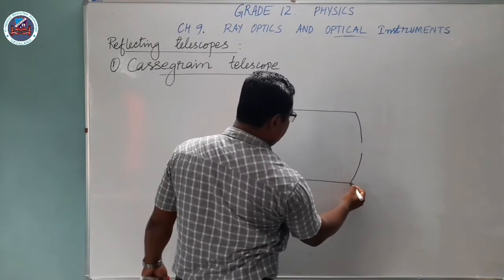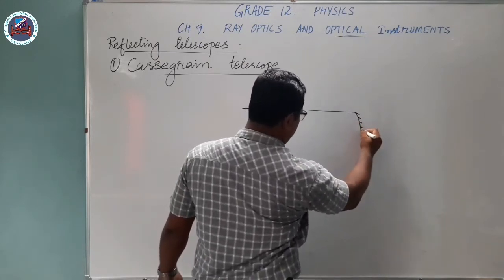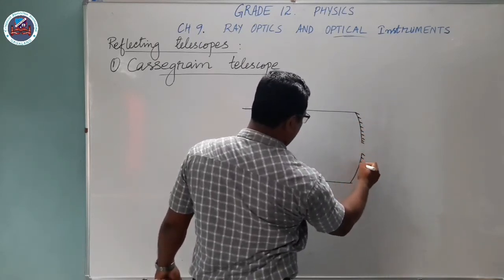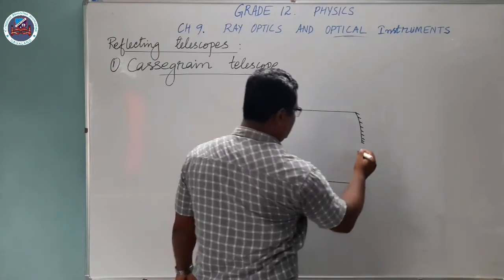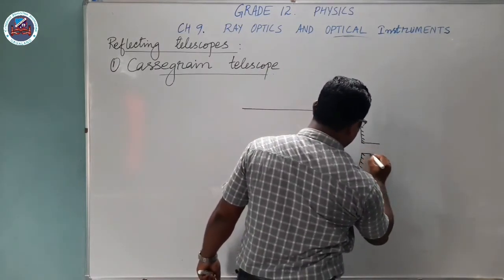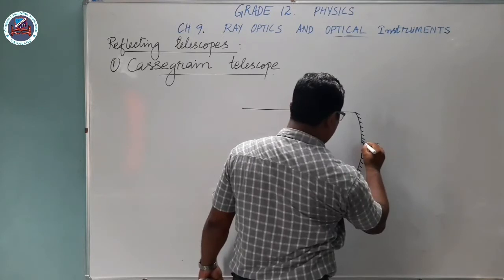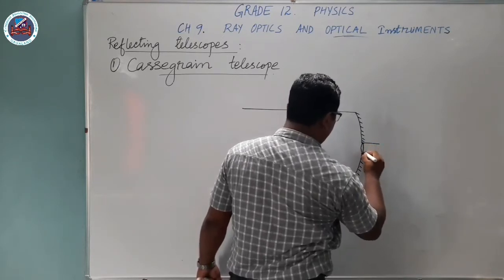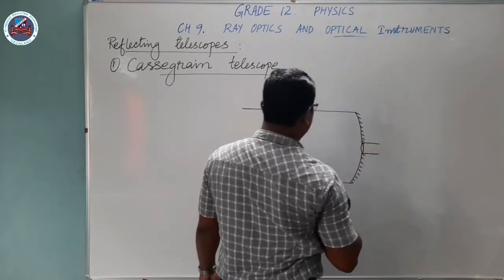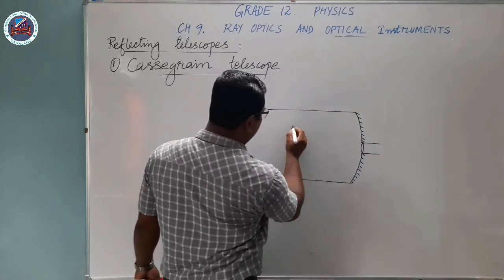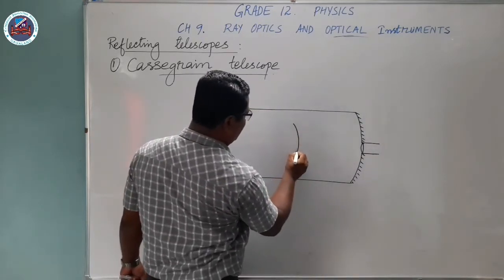If you say a concave mirror, this side it will be a parabolic mirror. Then at this end he used a small lens, a magnifying glass, a very small convex lens, and in the middle he used one convex lens.